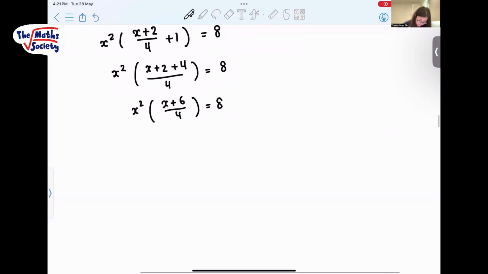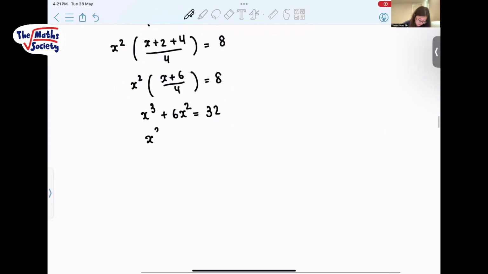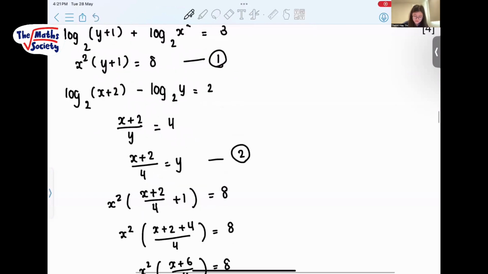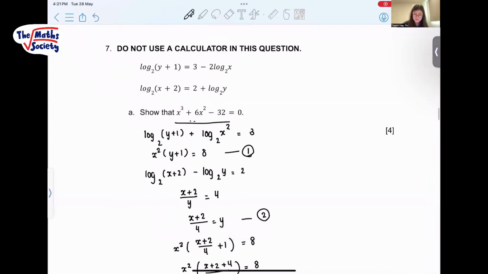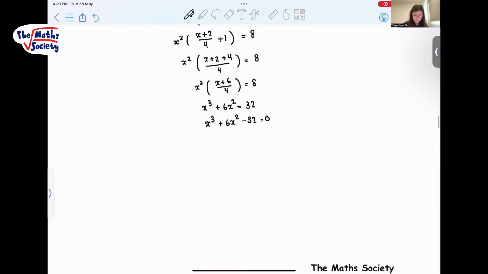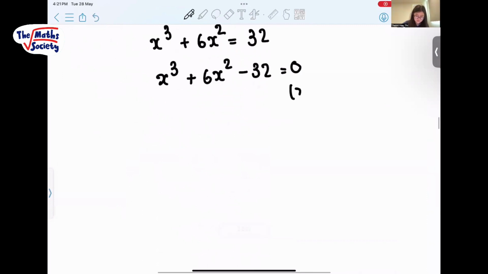And then you'll have x cubed plus 6x squared equals 32, because you multiply them. And x cubed plus 6x squared minus 32 equals 0. So let's check if it is shown or not, and we see that it's the same and it's been shown. So you can just write shown.